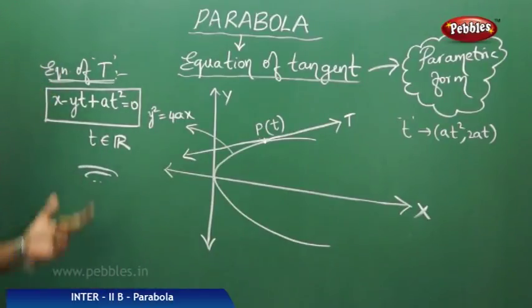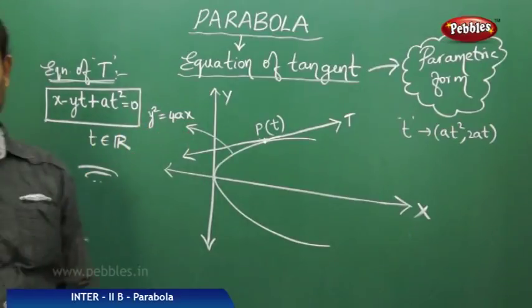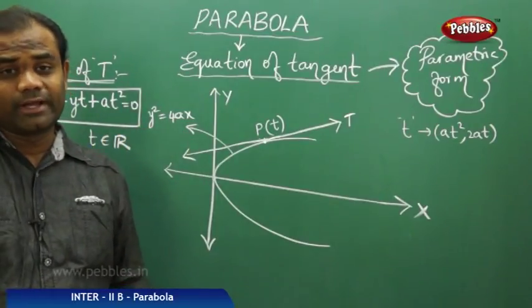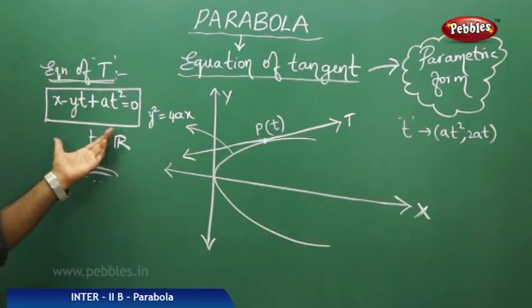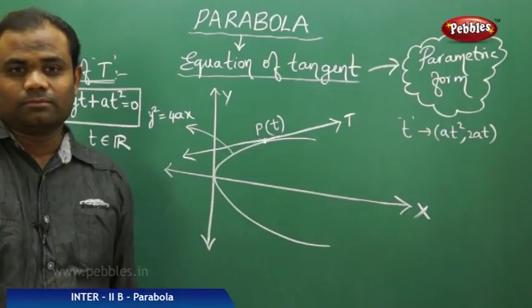So equation of tangent at t is given as x minus yt plus at square equal to 0 for the parabola y square equals 4ax, is how we understand the equation of tangent in parametric form.